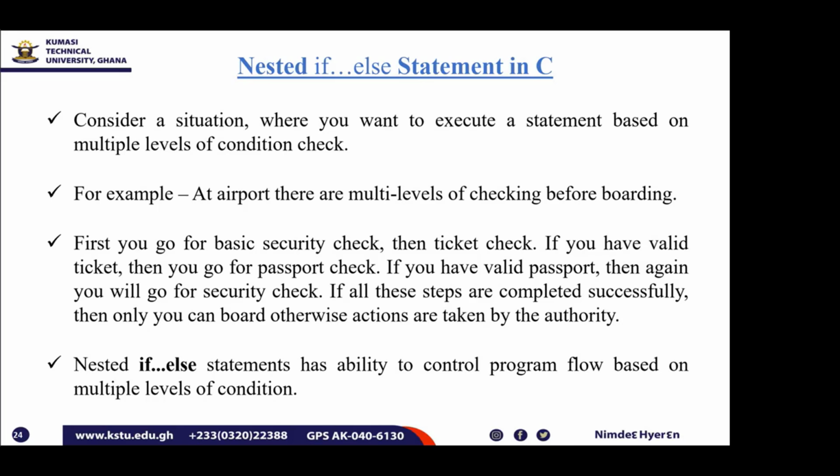If you have a valid ticket, then you go for your passport to be checked. And if the passport is valid, then again, you would go for security check finally. And once this is completed, then you can board the airplane. Otherwise, depending on what the situation is, some action is taken.